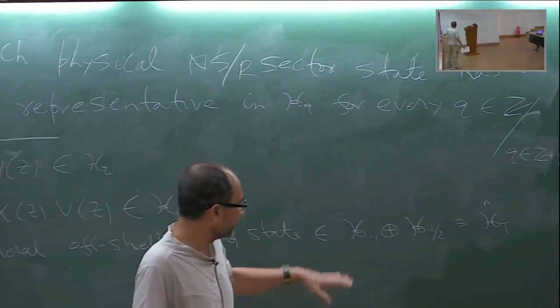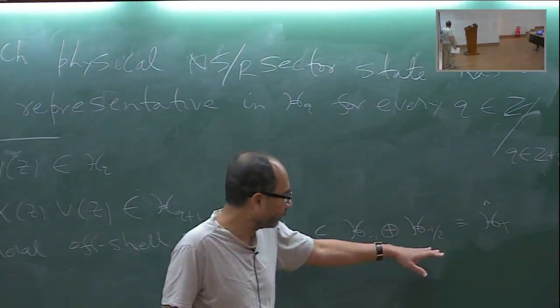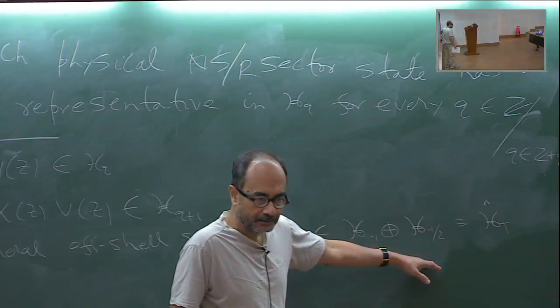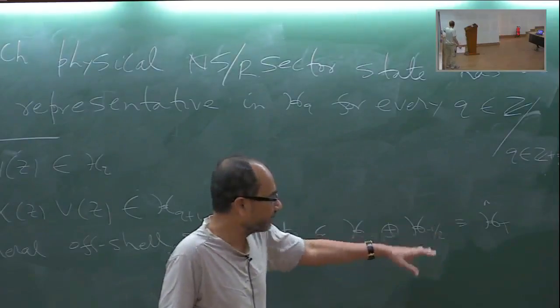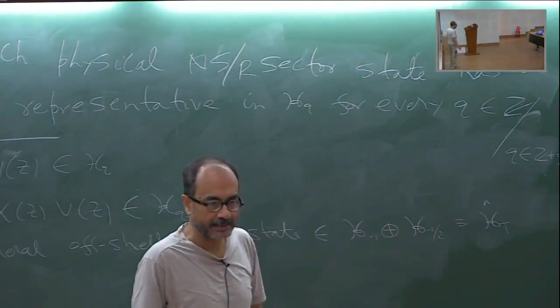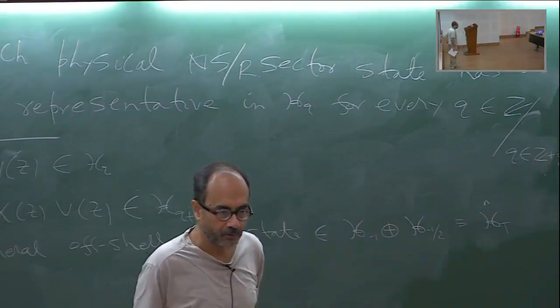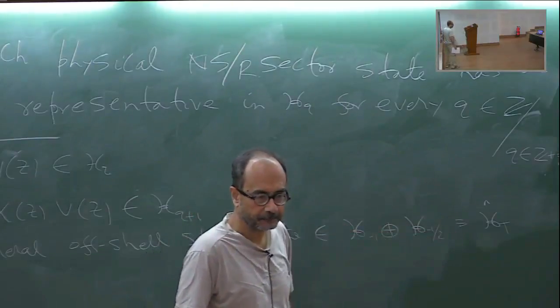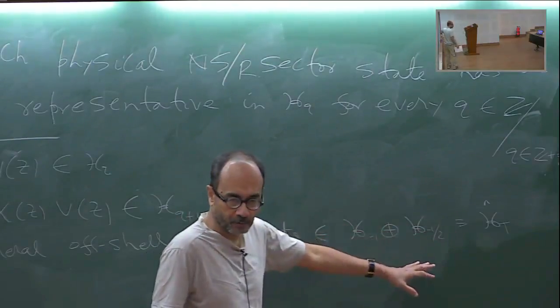So basically this is the unique choice. For the Ramond sector one could have done with H_{-3/2}, because H_{-1/2} and H_{-3/2} are the two sectors which have spectrum bounded from below, but this seems to be the more natural choice, although the other one will play some role, as we will see.